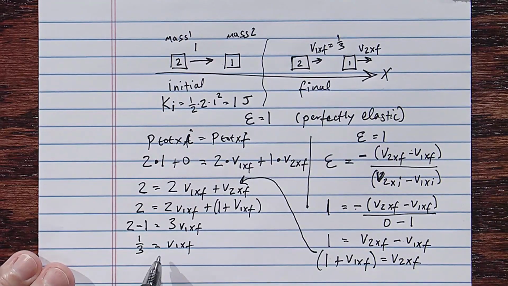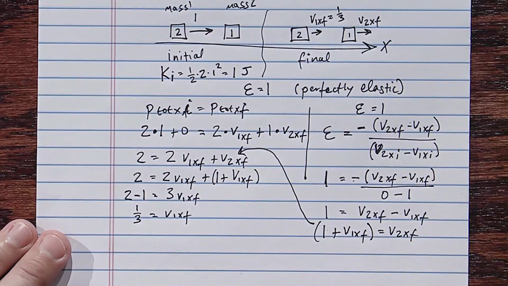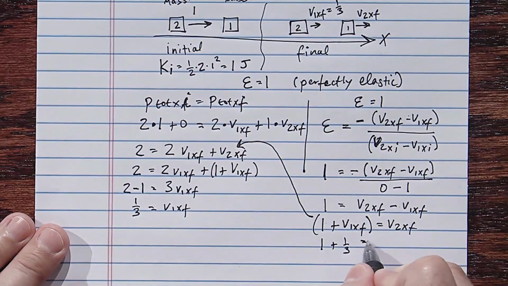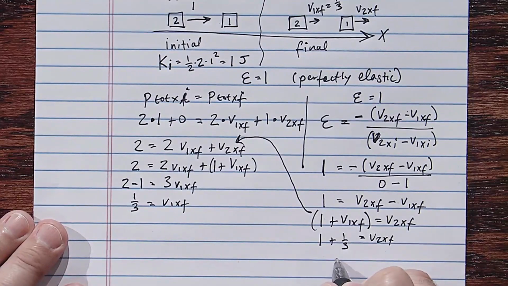Now that we know this, we can substitute it back in over here to calculate V2x final. So 1 plus 1/3 is equal to V2x final, or V2x final is 1 1/3. I'm going to write that as 1.33 is equal to V2x final.